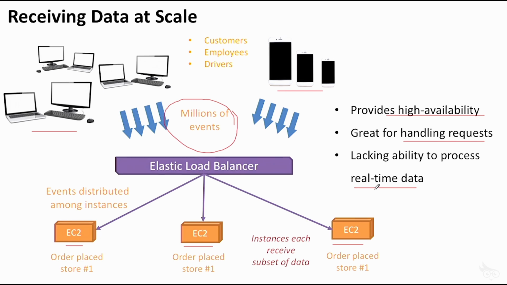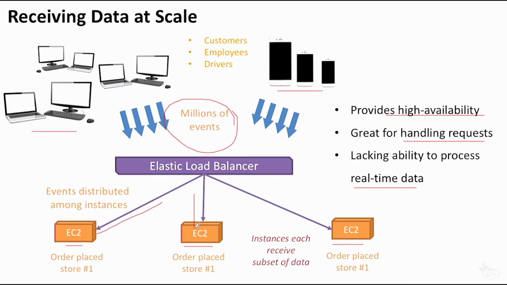And the problem is that as events are coming in, they are being distributed among our EC2 instances. So perhaps an event on Joe's Pizza first comes in here, and then a little bit later, Joe's Pizza goes into the oven, so another event comes in and it goes to this machine.